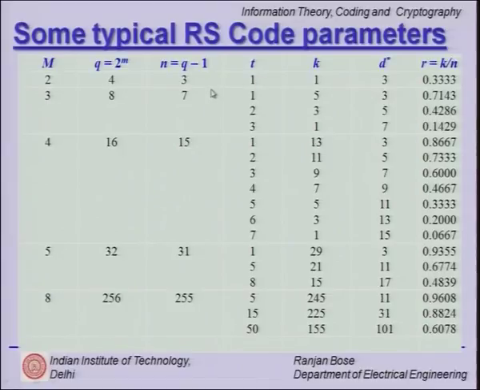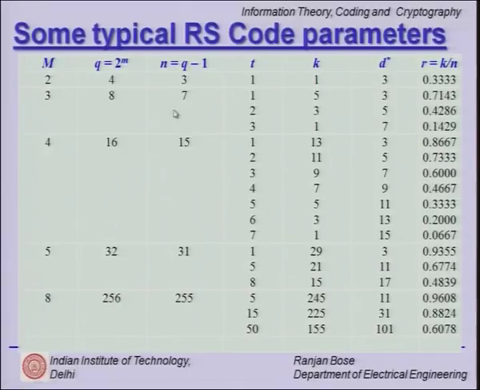The moment you specify n and t for any Galois field, the rest of the job is mechanical, because you just take the linear factors and multiply them out. How many linear factors? 2t. So, in the first case, you are getting k equal to 1 and d star equal to 3, and the code rate is 1 by 3, because k is equal to 1 and n is equal to 3.